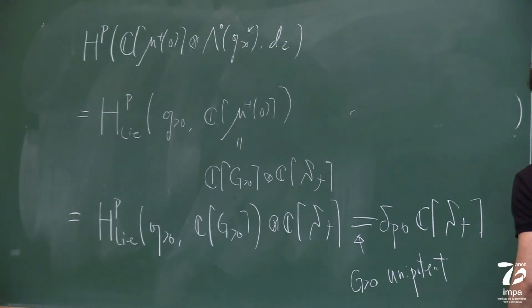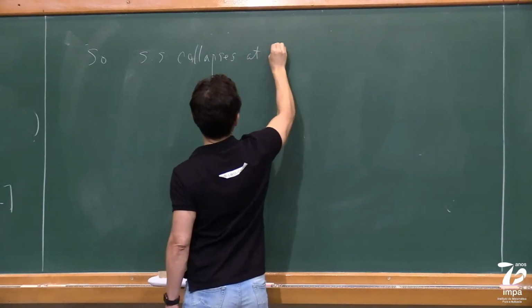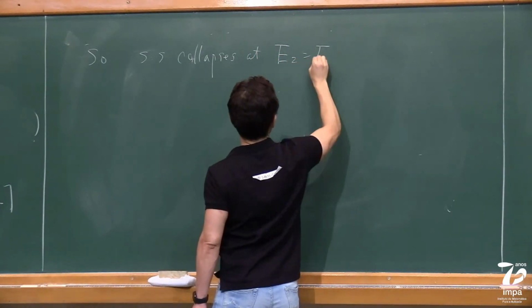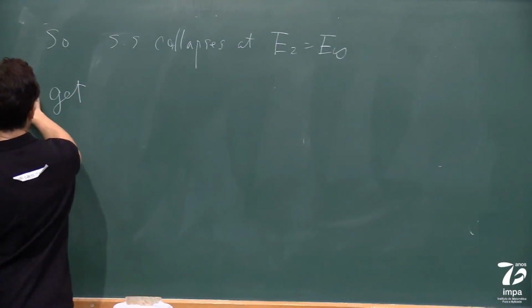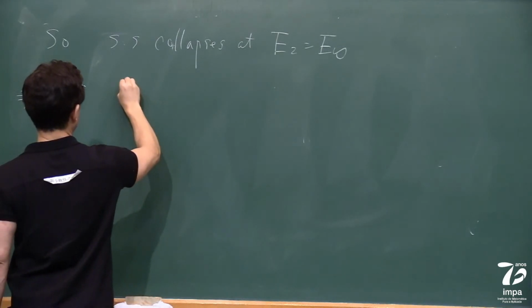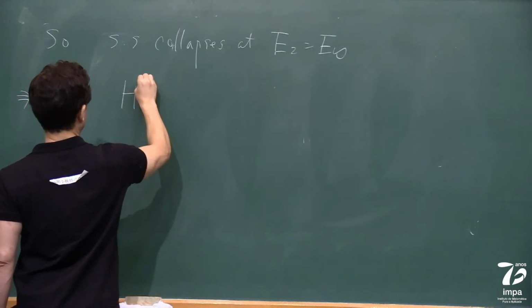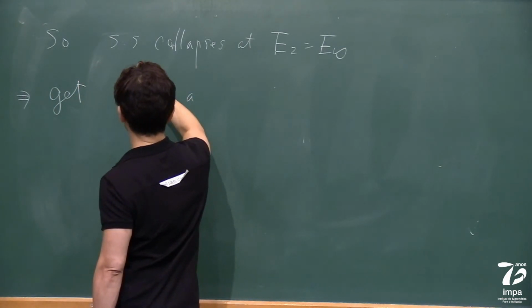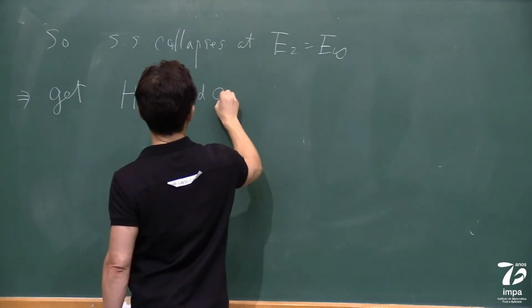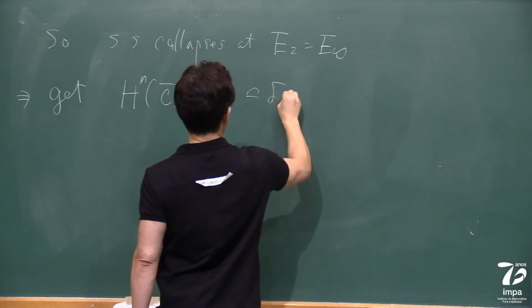So this means the spectral sequence collapses at E2 equals E infinity and we get the desired isomorphism.